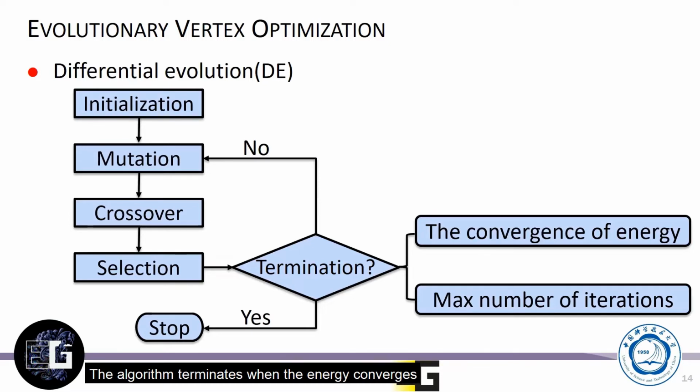The algorithm terminates when the energy converges or the maximum number of iterations is reached. New candidate solutions are generated in each iteration. Each candidate is compared to the corresponding one in the current population, and the one that performs better is selected to the next generation. We explain the details as follows.